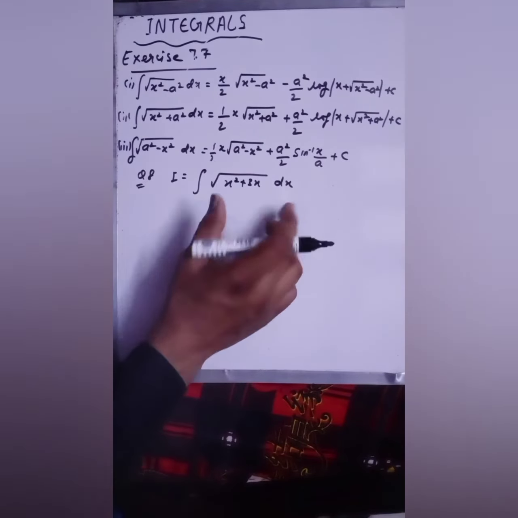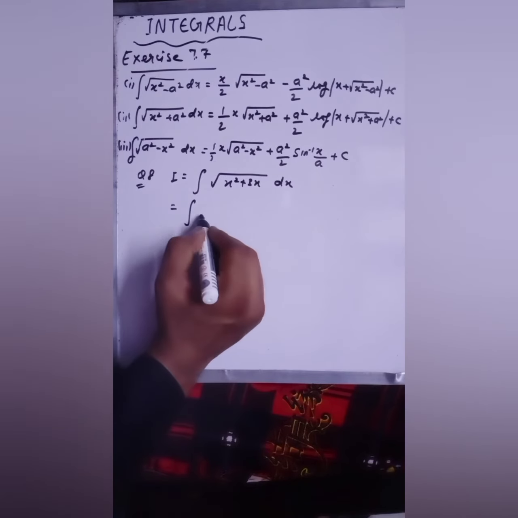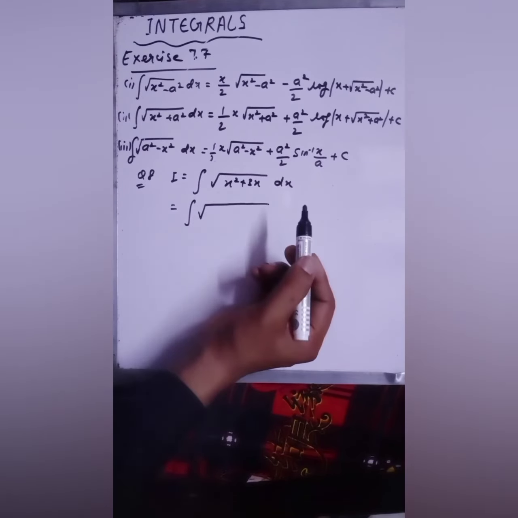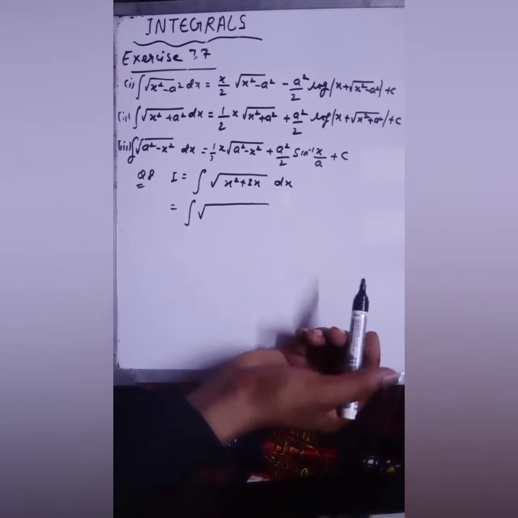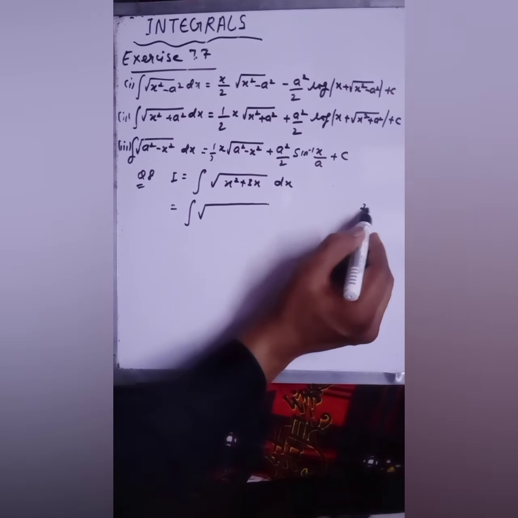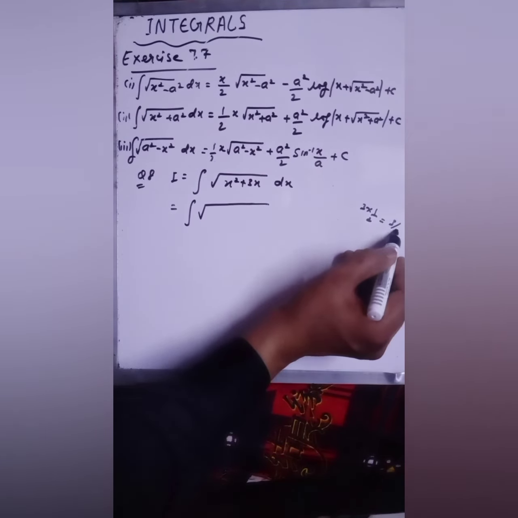Okay, so now under root, again the same technique you have to apply which we used in the previous question. The coefficient of x is 3 here, so multiply this by half. You will get 3 into half, so 3 by 2.